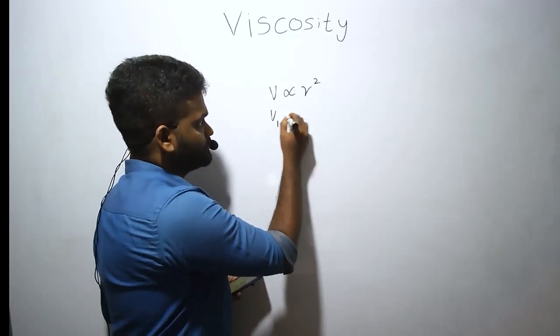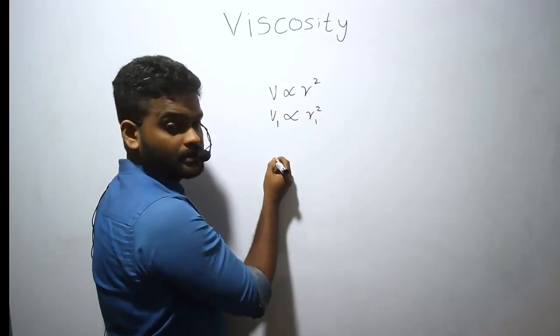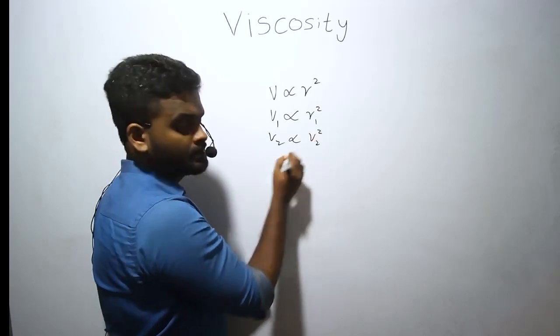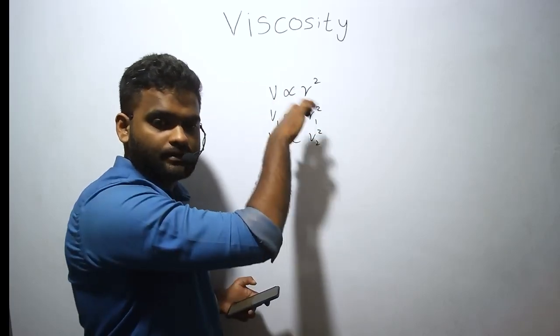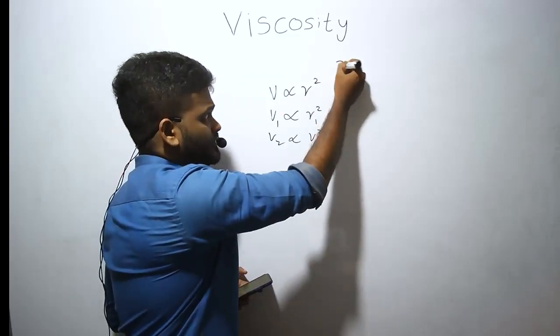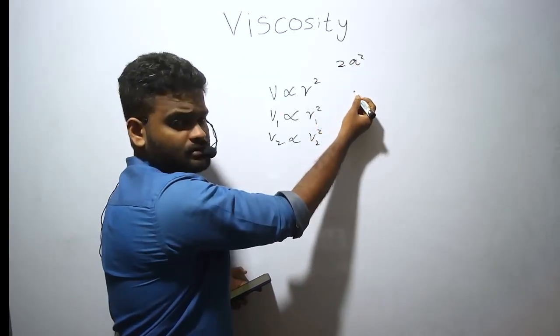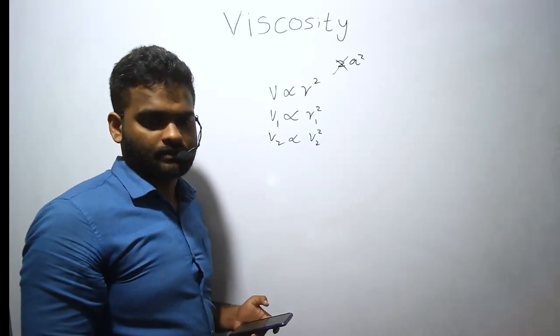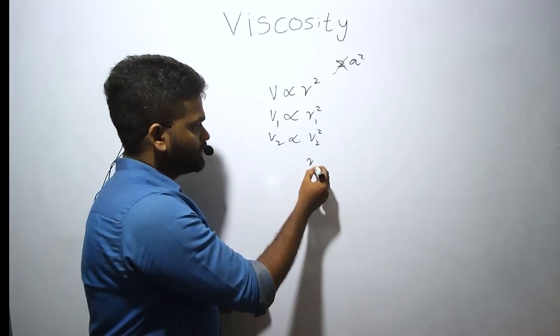For the first case, V1 is proportional to R1 squared. The second is this one. You get rid of all the constants. You don't need constants, right? Maybe you are thinking about these two. You don't need both, that cancels off. So what do you get when you divide?